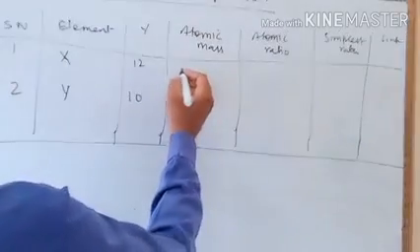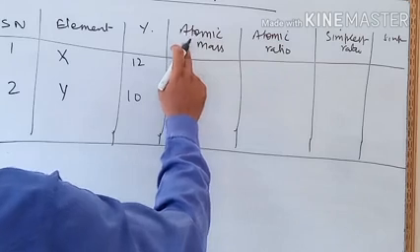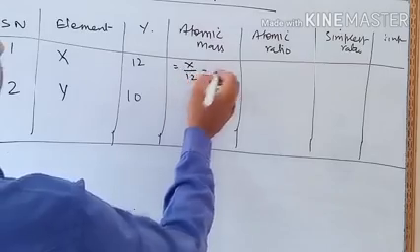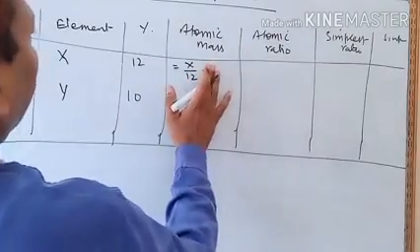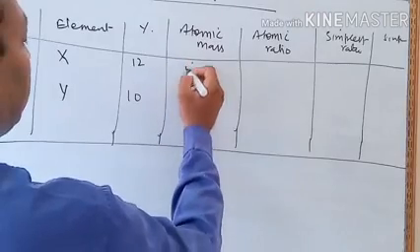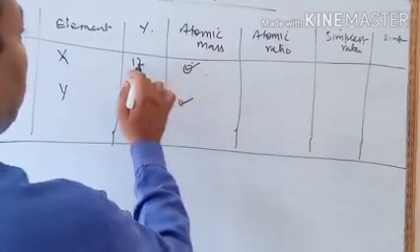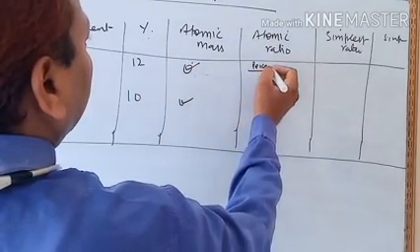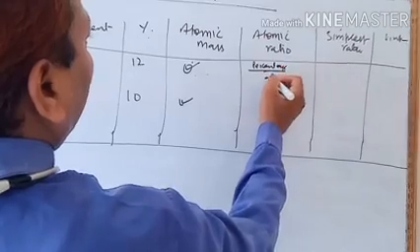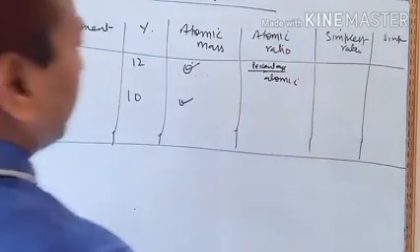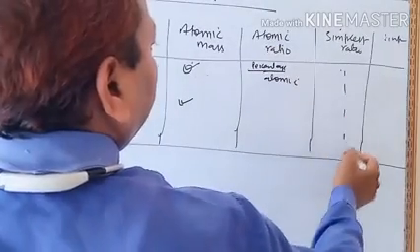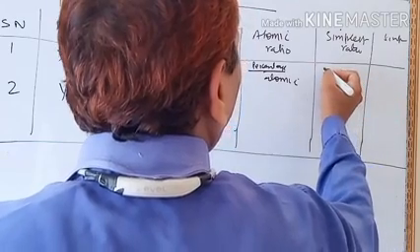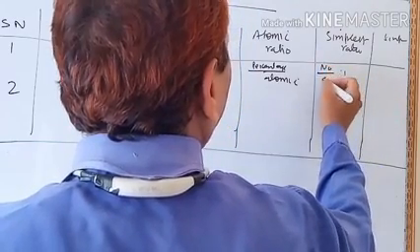So what will you do? The atomic mass of element X will be a fixed value. So divide percentage upon atomic mass. Okay, the atomic ratio will come. Then take the simplest whole number by dividing by the smallest number.